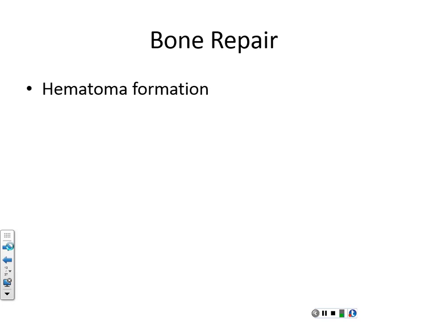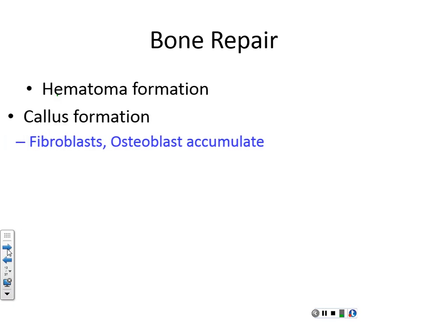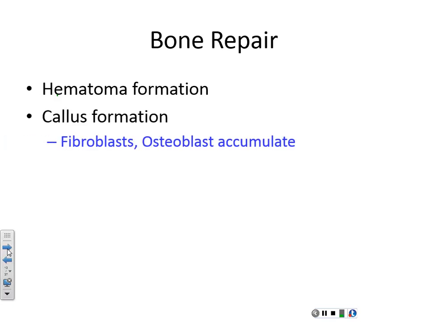So, when you damage your bone, you are likely going to damage the blood vessels, right? And then you're going to bleed. Okay, so that formation of a big clot, because of that blood that is being bled out, is hematoma formation, right? So tell me about that, and then you start to form the callus.